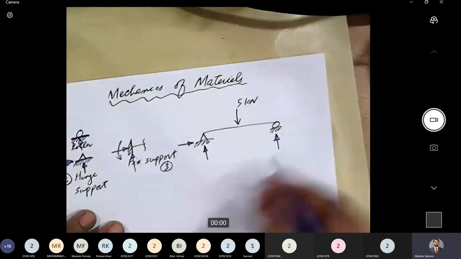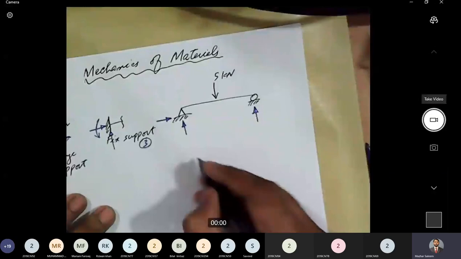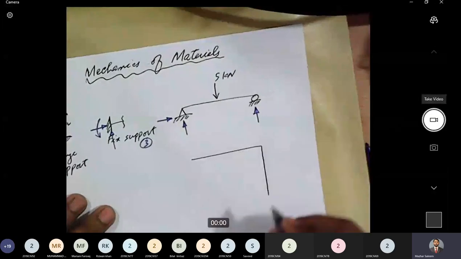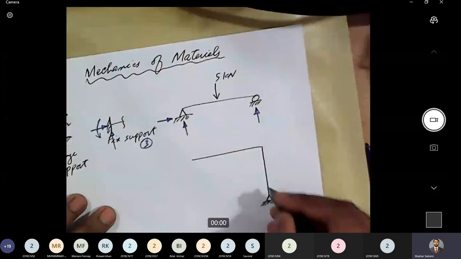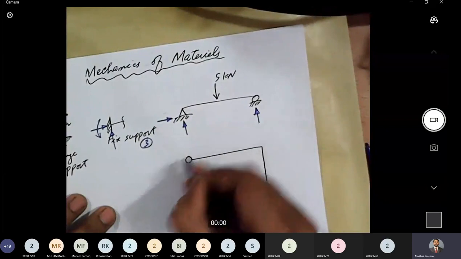For example, let's say I have a frame structure. A frame structure is a combination of beams and columns. This vertical member here is a column, and this member is a beam.